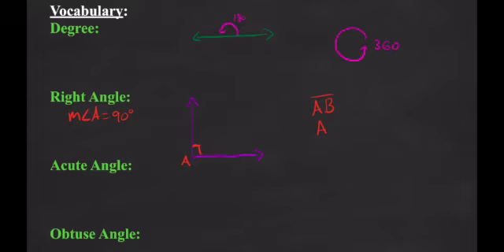If we're talking about a line segment length, then we don't put the symbol over top, and we can now say it's equal to something else. So make sure you know when to use the little m and when not to use the little m. So a right angle is whenever the measurement of that angle is 90 degrees.